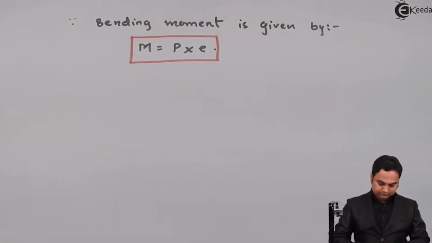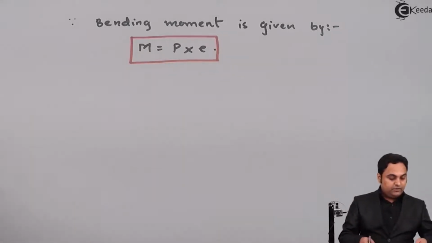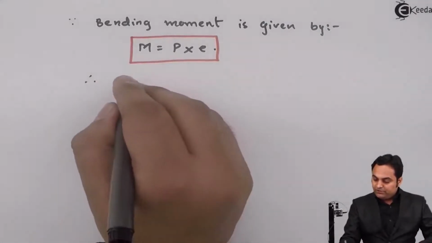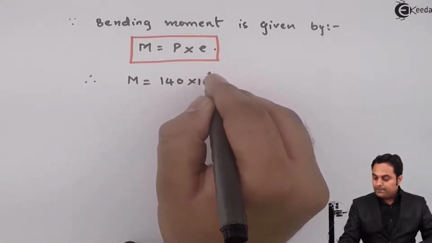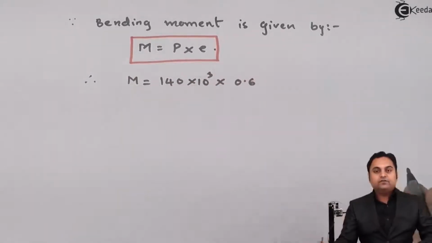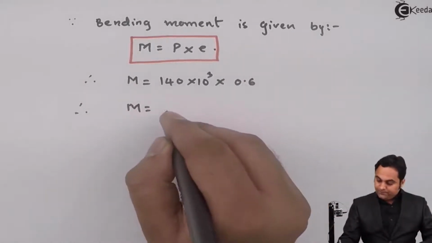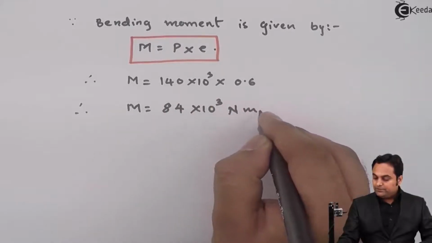Therefore, here I will be getting the answer of bending moment as, by putting the values, load is 140 into 10 raised to 3, eccentricity is given as 0.6. So therefore M value comes out to be 84 into 10 raised to 3 Newton meter.